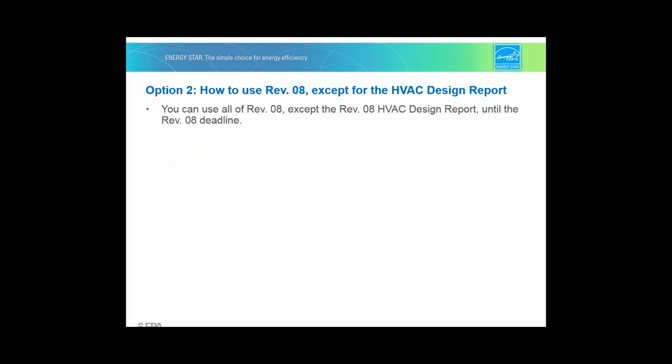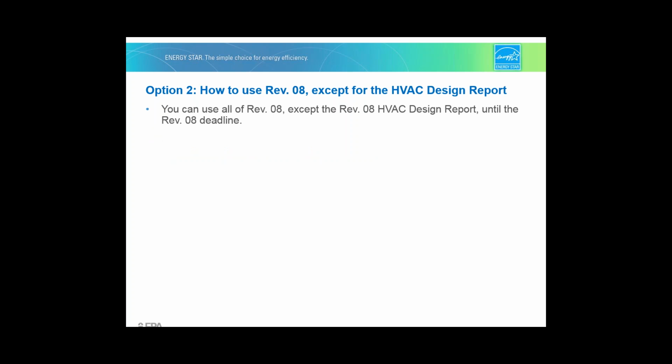The second option is to start using Revision 8 except for the HVAC design report. Almost all the partners we've talked to want to start using Revision 8 as soon as possible. But we know that designers need time to transition to the new HVAC design report. And so to make the transition easier, we're effectively allowing a combination of Revision 7 and Revision 8 to be used during this transition period.